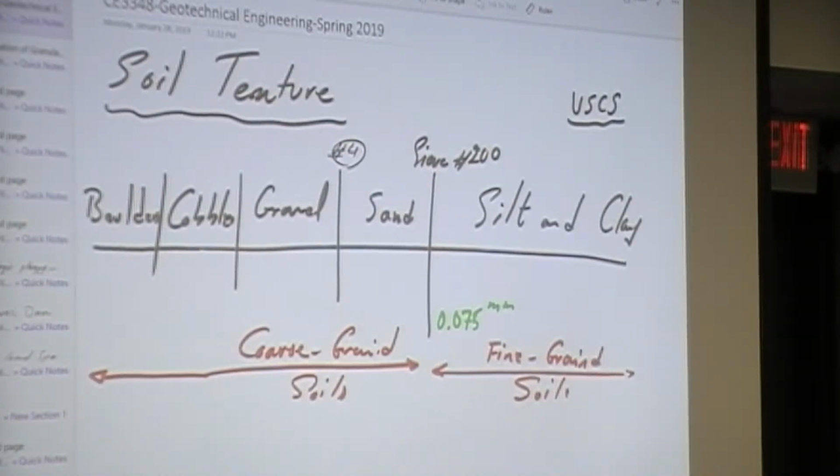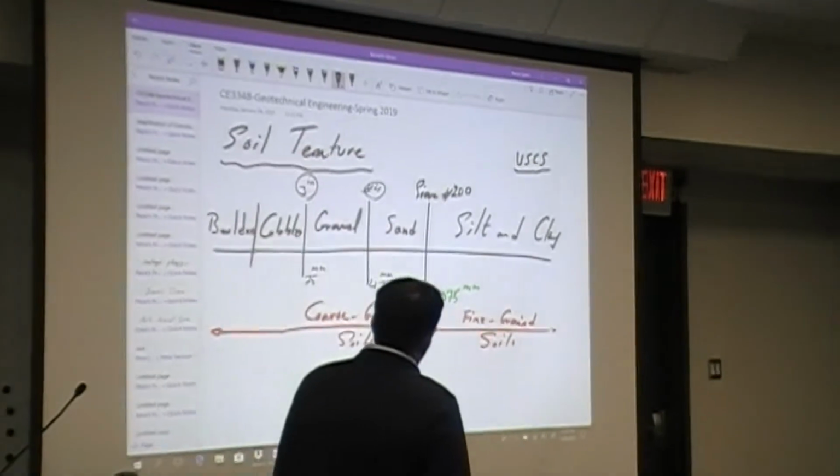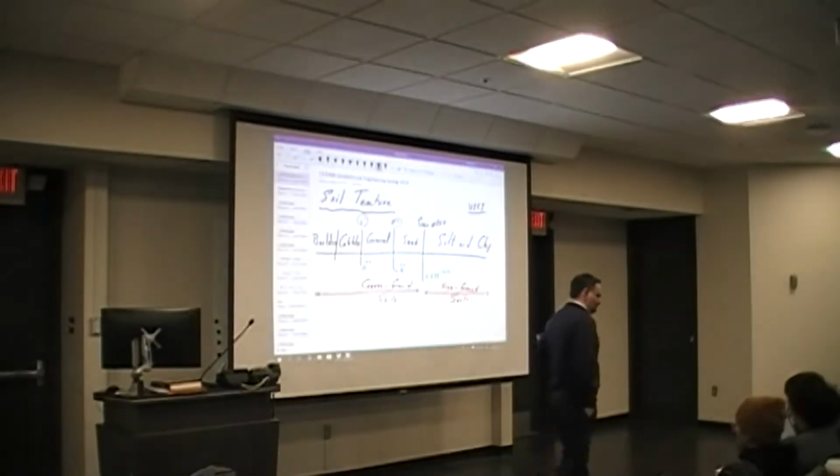The particle size that corresponds to that is 4.75 millimeters. And then you have the 3-inch sieve, not sieve number 3, and the value for that would be 75 millimeters. We really don't have much information above the gravel size for the geotech applications. So this is with respect to the particle sizes.